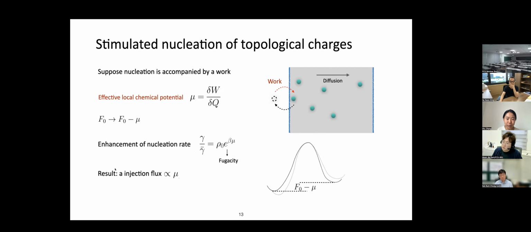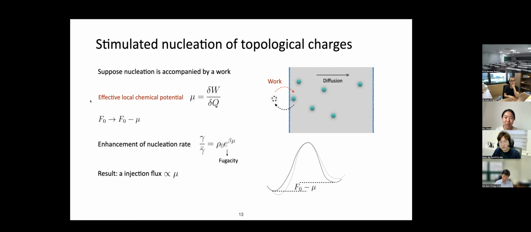Now suppose the nucleation is accompanied by a work. We don't know where the work is coming from for now, but let's just imagine that accompanying the nucleation of every topological charge, there is something that does work on the system.